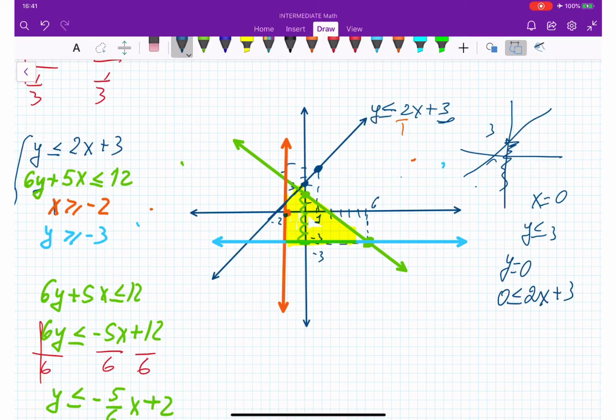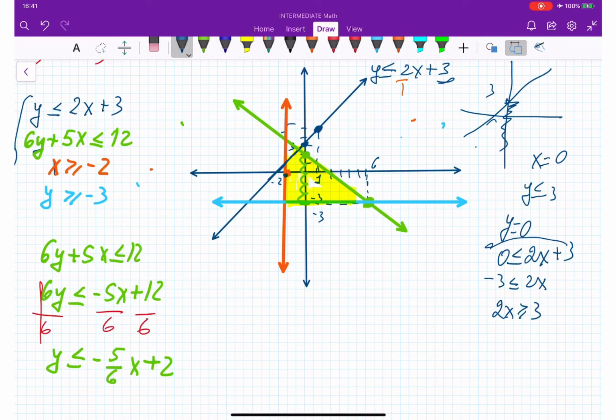Moving 3 to this side, negative 3 is less or equal 2x, which means 2x is greater or equal negative 3. And we're dividing by 2. X is greater or equal negative 3 over 2, which is this one, and it's going to be greater than, so it's going this way. So the shading area is going to be like this.